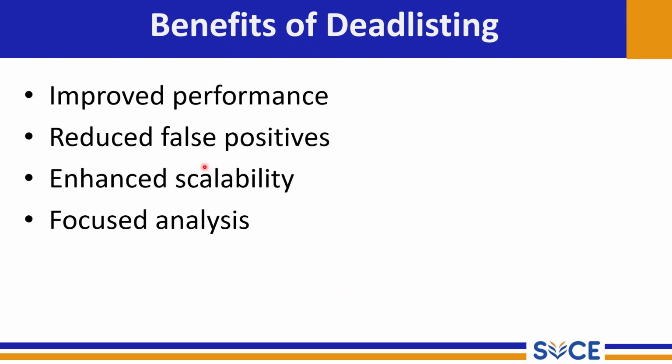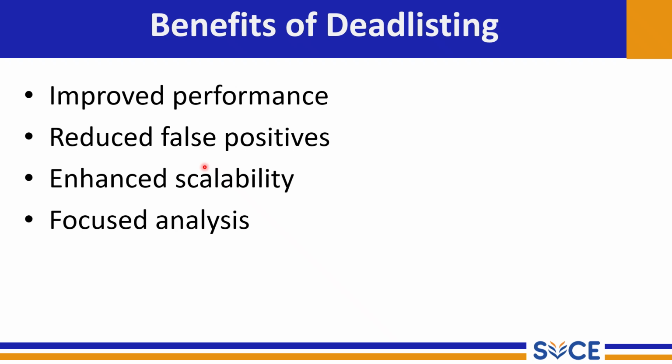And next we have enhanced scalability. As the volume of data and the complexity of malware increase, deadlisting becomes crucial for maintaining the scalability of the anti-malware solution. By filtering out irrelevant data, the engine can handle larger workloads more efficiently.